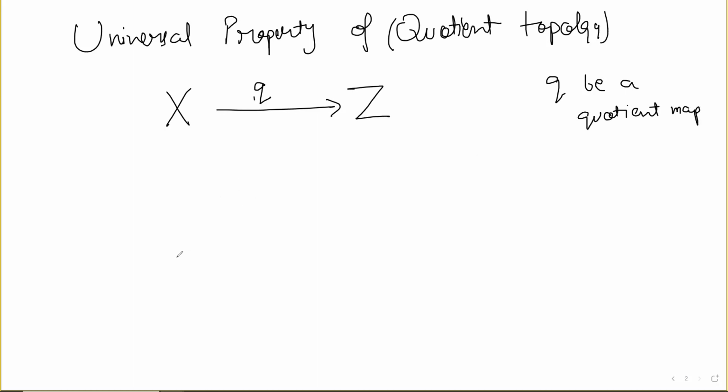Then you took y, but I am still not clear on y. So you're saying that this q inverse z is a point. Okay, so that is y, and what is the topology on y?